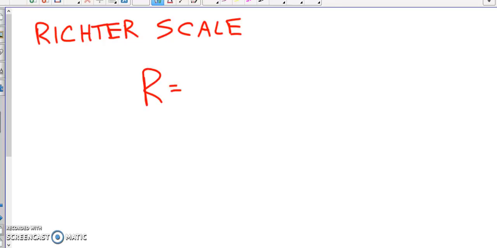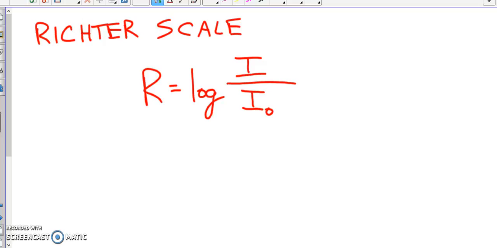So the number on the Richter scale is given by the log of the earthquake intensity divided by the intensity of what's considered to be a level 0 earthquake. So they basically picked an arbitrary value to be level 0.